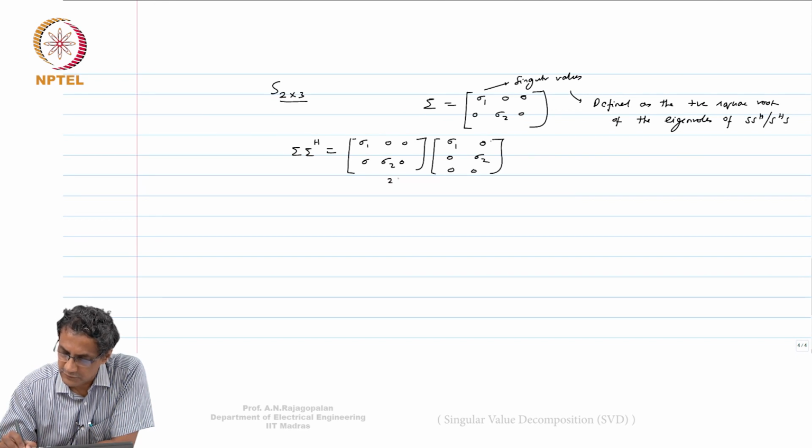So you have 2 cross 3, and then 3 cross 2, and this will give you sigma 1 square 0, 0 sigma 2 square.